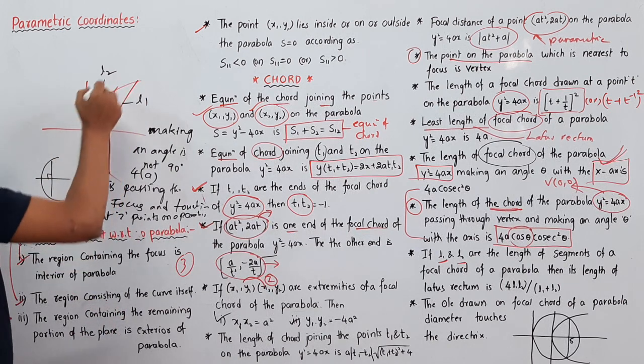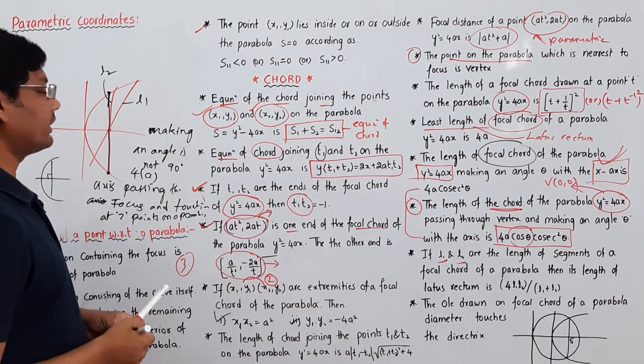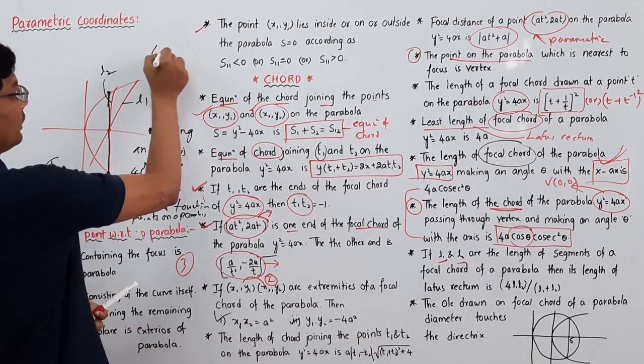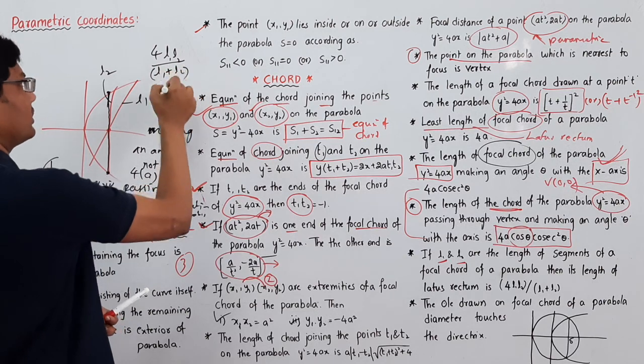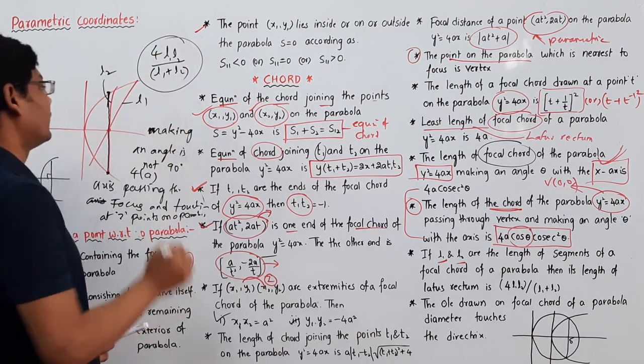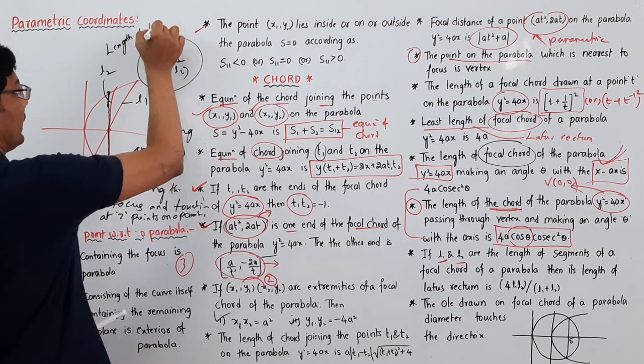So whenever the two lengths of a focal chord are given, the condition is 4 into L1 L2 by L1 plus L2. This is the simplest form to find the length of the latus rectum.